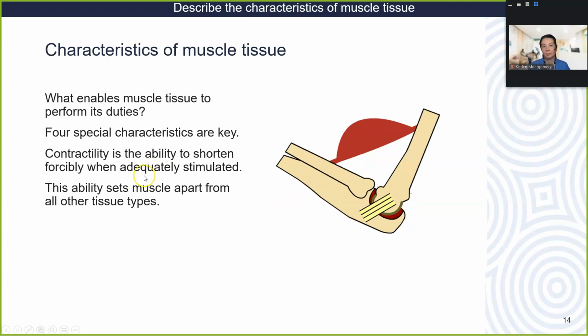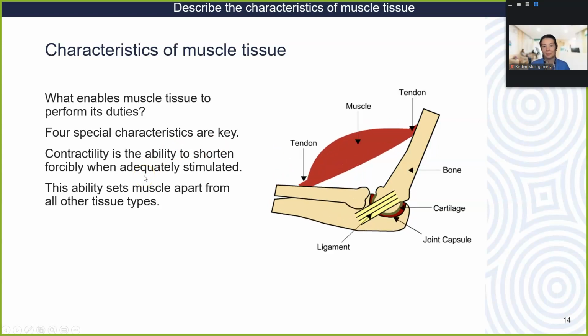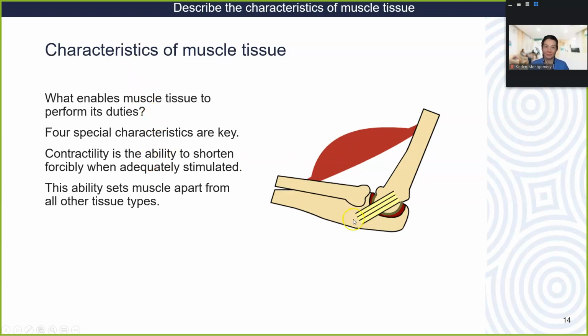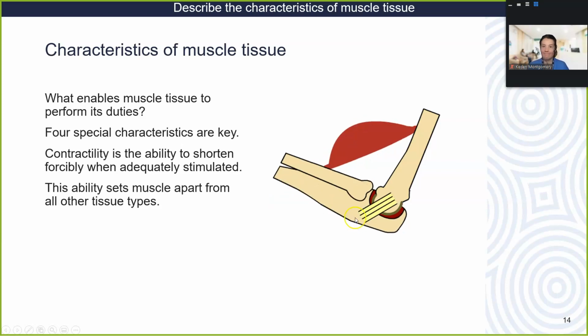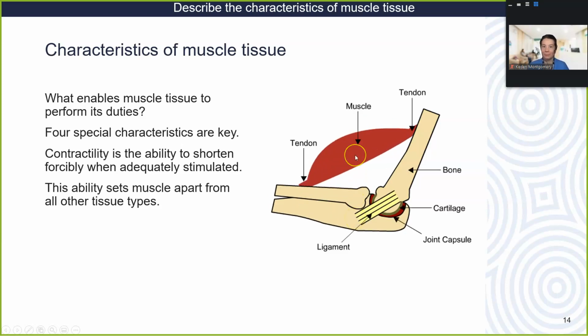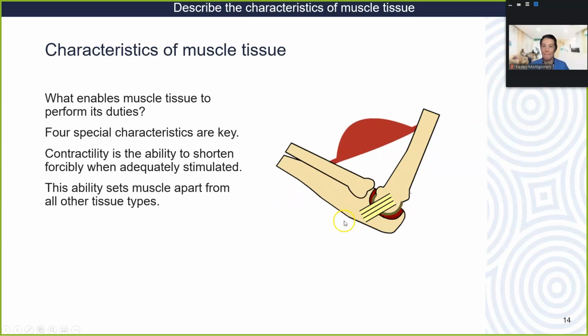The other thing is that muscles can contract. This is another characteristic of muscle. Can your bones contract? No. So your muscles can contract. That means that they have the ability to shorten.